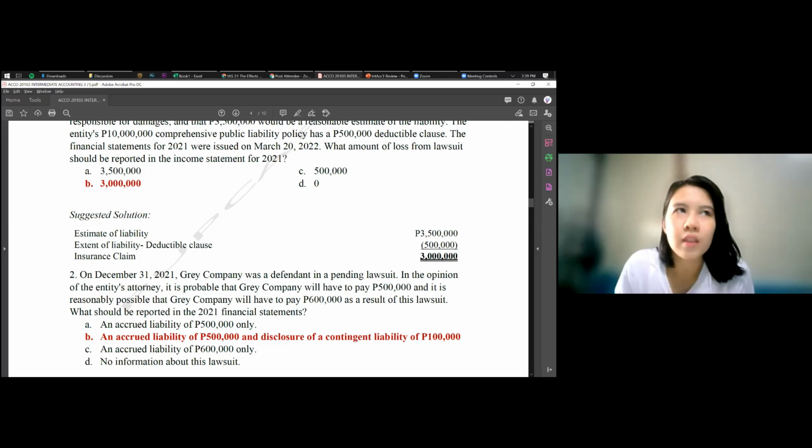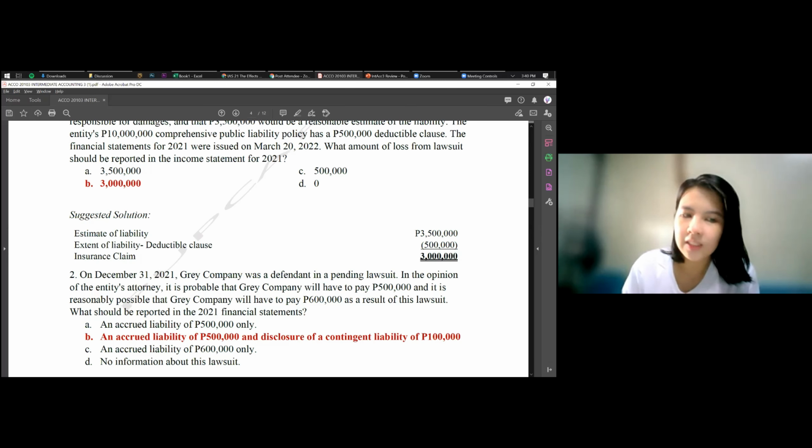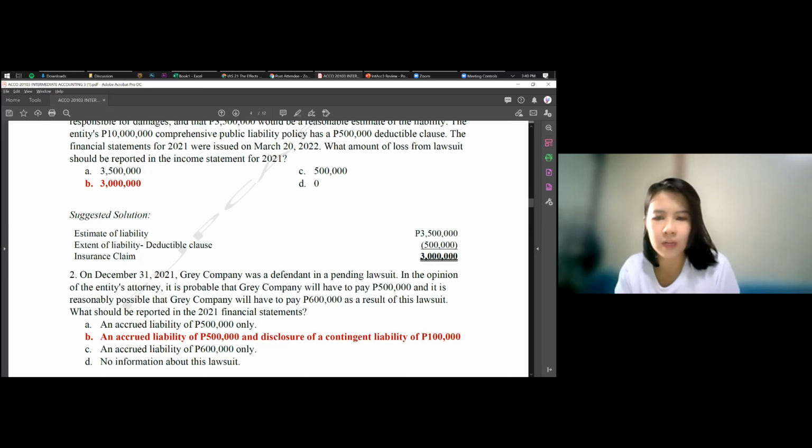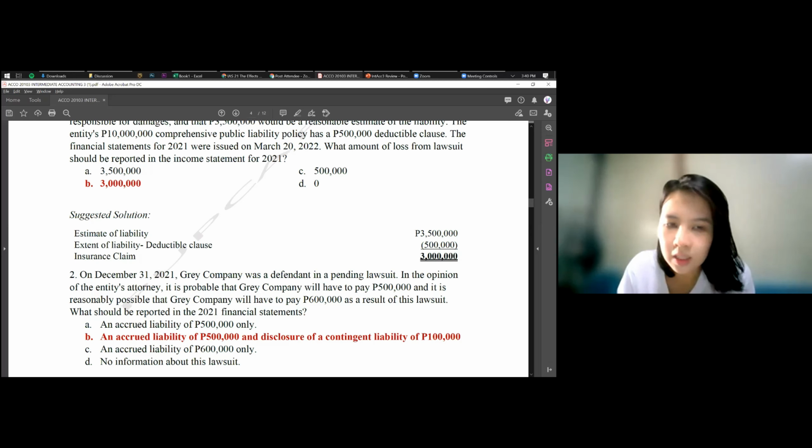So, that means that it exceeds 50% chance of happening, and that qualifies as a provision or an accrued liability. So, we'll say na na-record niya na itong 500,000. But since yung next estimate niya is reasonably possible pa lang, so i-disclose muna natin yung increase dun sa estimate na 100,000. So, we will disclose a contingent liability for 100,000. So, the answer is B.